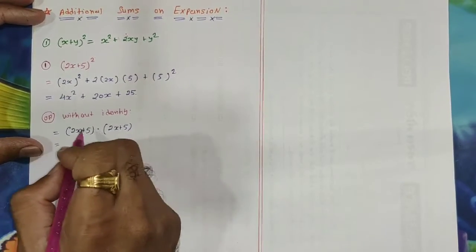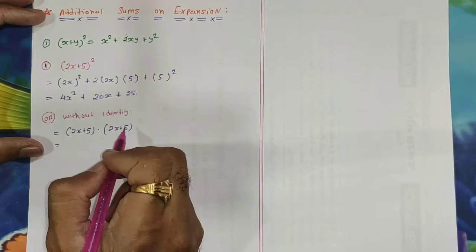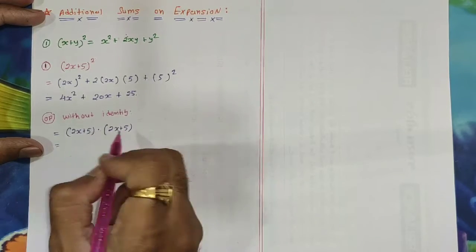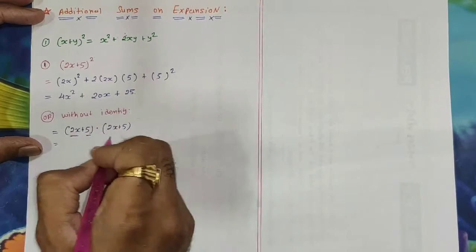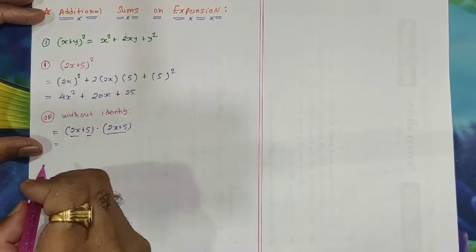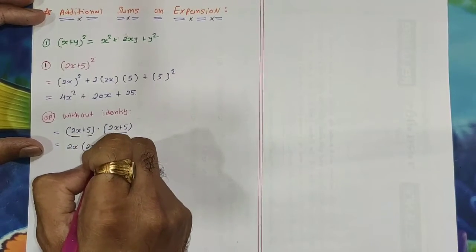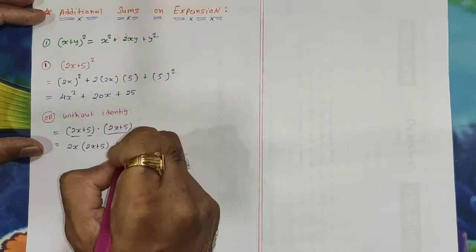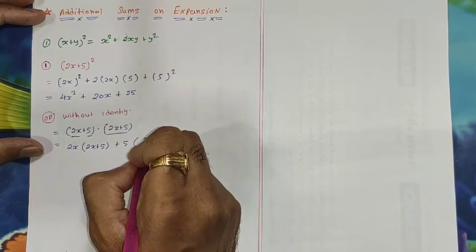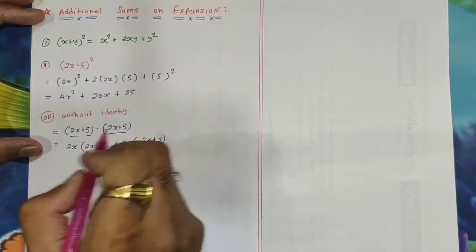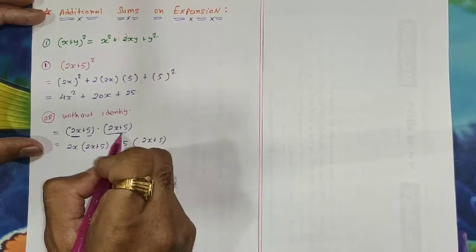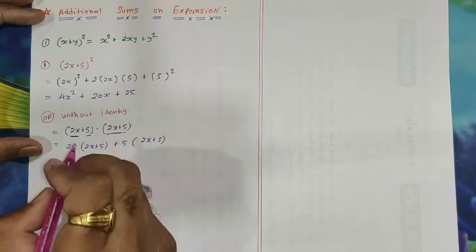Now this can be expanded by multiplying binomial with binomial. Multiply both terms with this bracket: 2x into (2x + 5) plus 5 into (2x + 5).